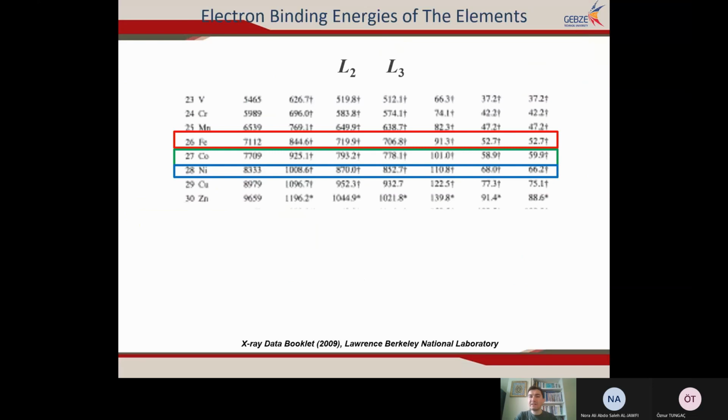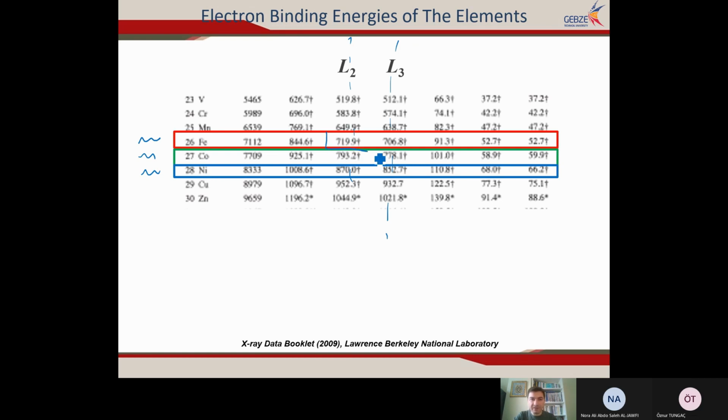So what about the electron binding energies? I have discussed this part in the XRMS method. Okay, here we have L2, L3 energies of the elements. For oxygen, during the last lecture, I have shown you we use the oxygen K edge. So usually we are dealing with magnetic materials in the periodic table: iron, cobalt, nickel.